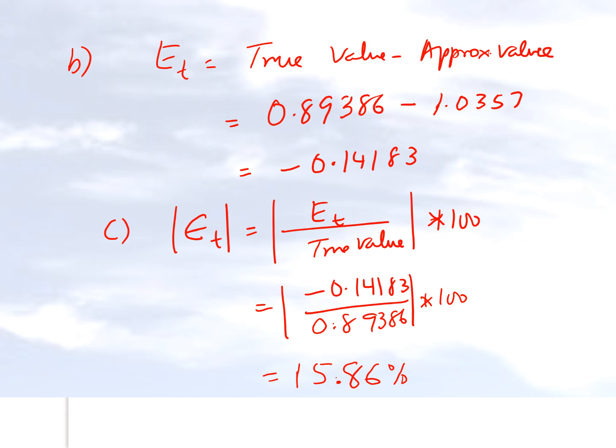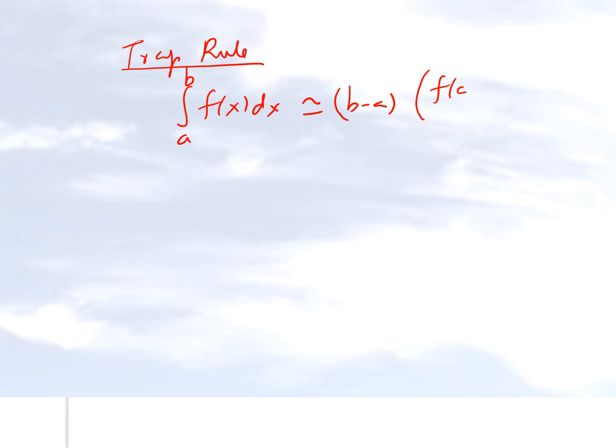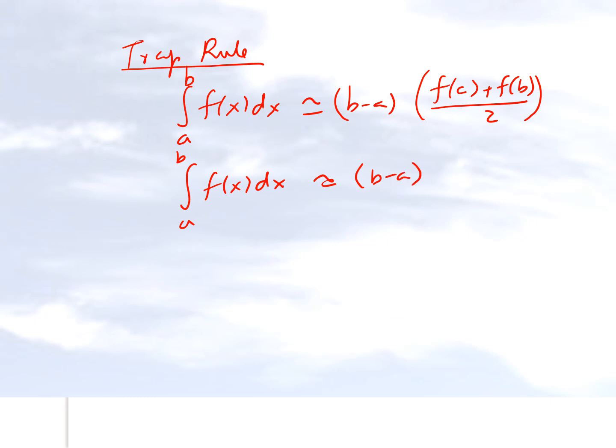One of the things you have to recognize, which is not part of the example, is that the true error is much less than what we got before with the trapezoid. If you look at the single application trapezoidal rule, we have this formula. And the formula for the one-point Gaussian quadrature rule is this.